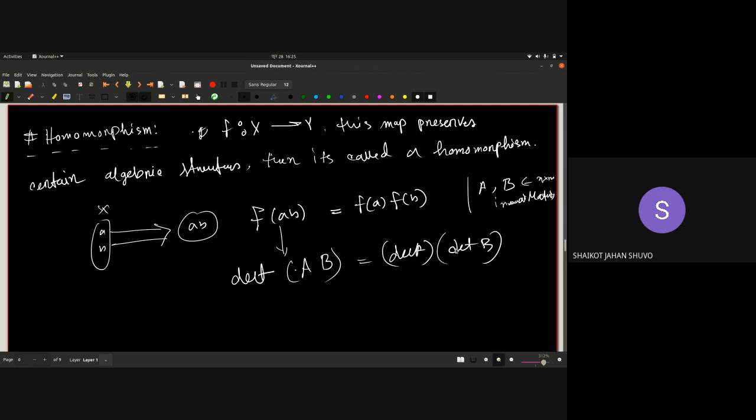So if you have some algebraic structure, they can be product, they can be some sort of an addition, they can be many things, or commutation relationships, anti-commutation relationships.